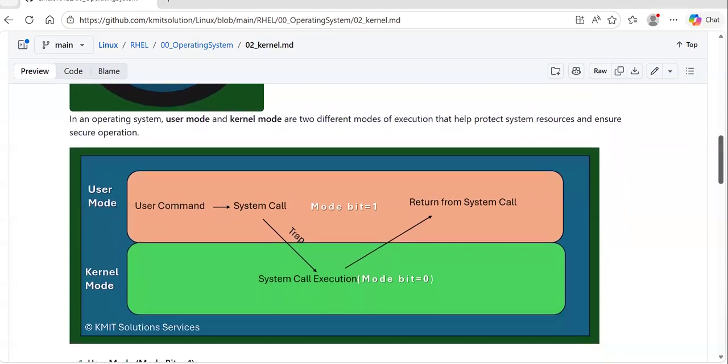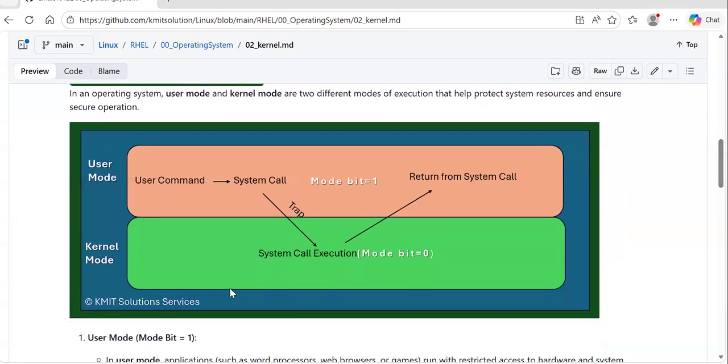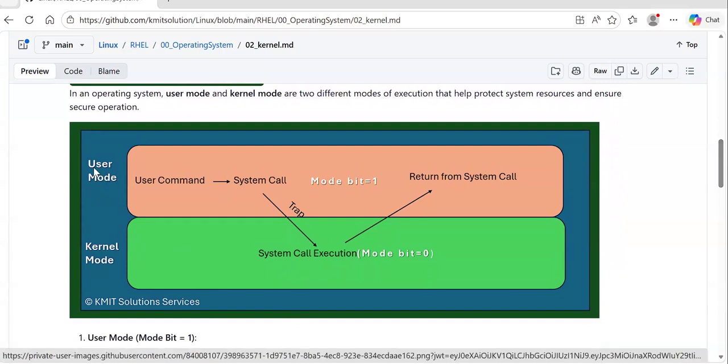If we take two modes, one is called kernel mode, and one is called user mode. Whenever user is writing some command, which is called the system call, at that time, there is a mode bit which tells that you are in user mode. It is 1, and there is a trap which sends it to the kernel, and kernel takes that system call and executes it.